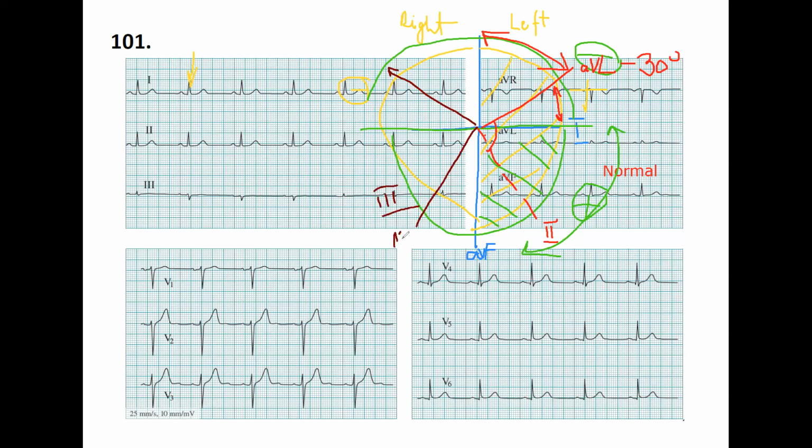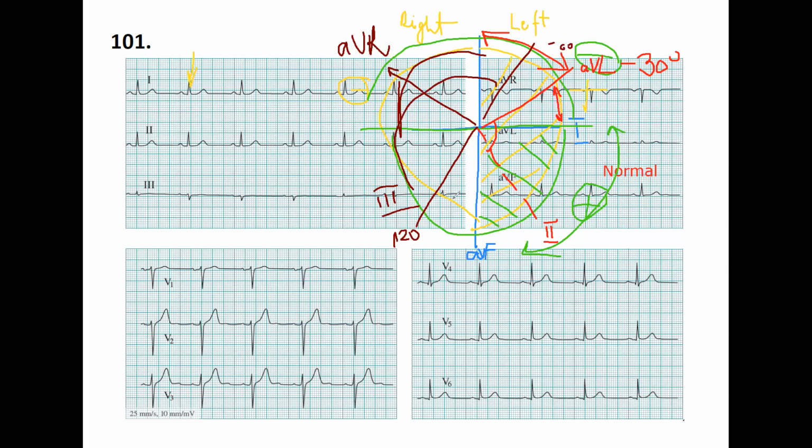So if AVR is positive, we are here, up to this point, and this is exactly minus 60. And that's positive. If it's negative, we are here.